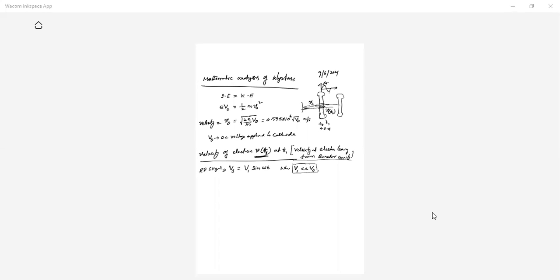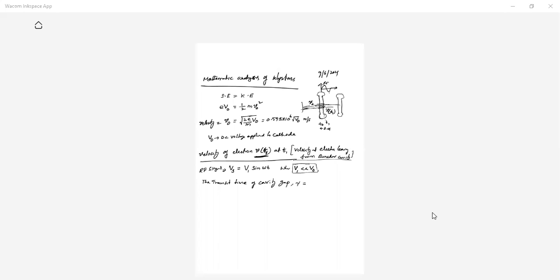Now already we know the transit time. The transit time in the gap of the Buncher cavity, I'm writing here, we can call tau. What is the time?